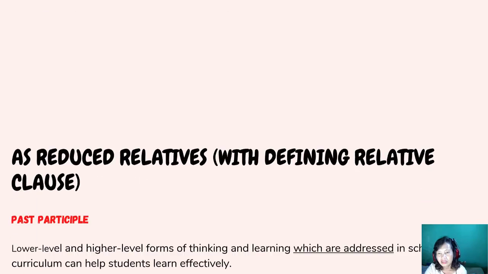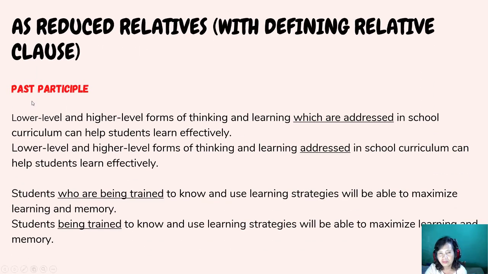Okay, now we come to past participle. It means that this is verb 3, and past participle here the meaning is passive. Lower level and higher level forms of thinking and learning which are addressed in school curriculum can help students learn effectively.